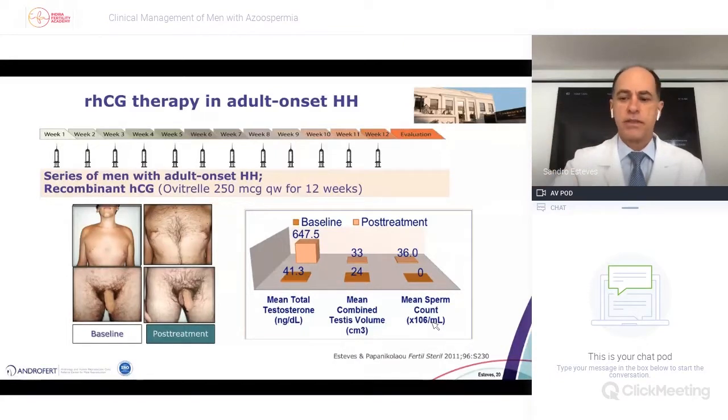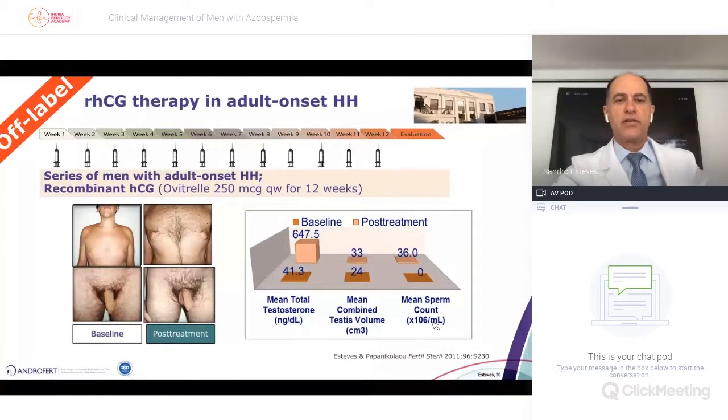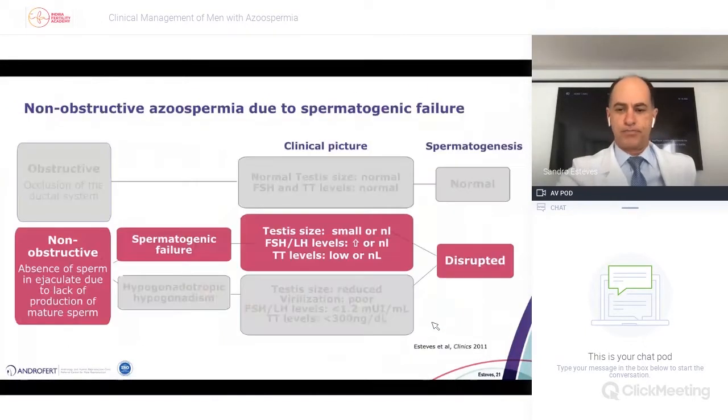That could be natural conception, IUI or IVF. However, the use of recombinant HCG is off-label therapy, and it's important for you to know that. If you decide to give recombinant HCG, we can use subcutaneous administration, and the patient can do the self-administration at home. You need to inform the patient that it's an off-label medication.